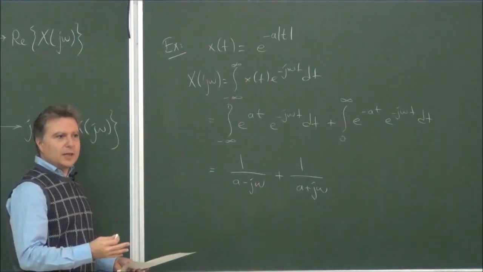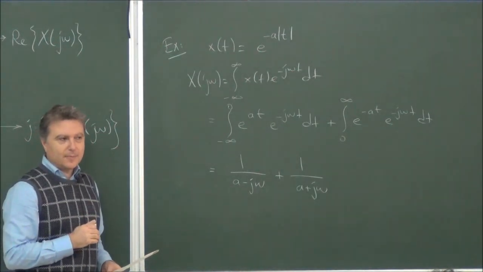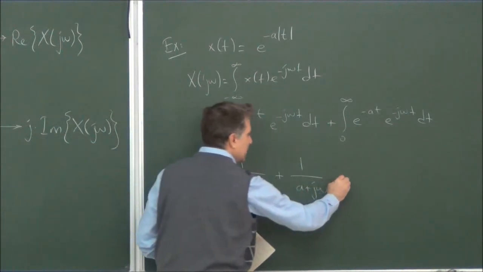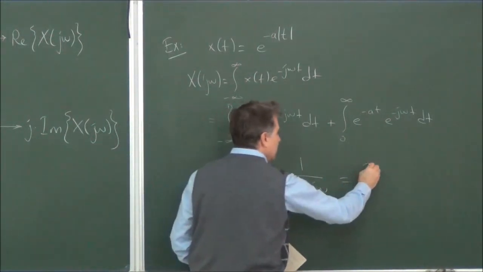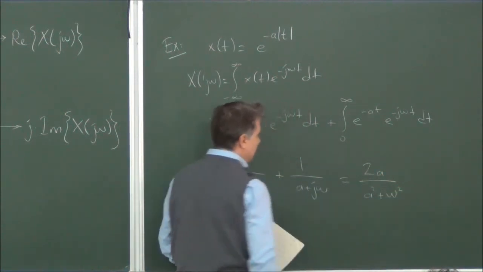Nevertheless, the overall integral that we will have is the summation of these two terms only. That's calculus integration. And if you further simplify it, it will be 2a over a squared plus omega squared.